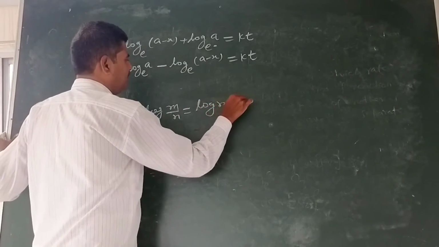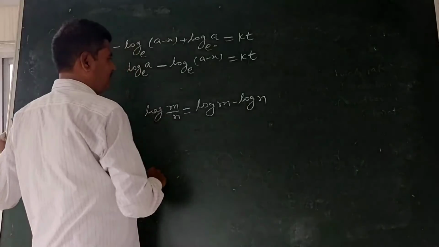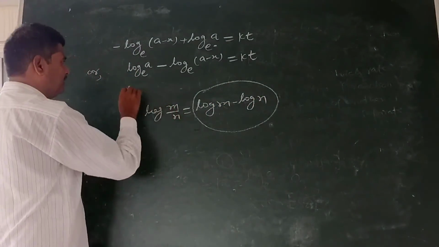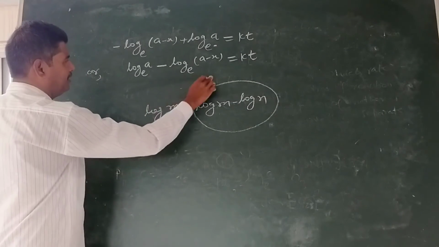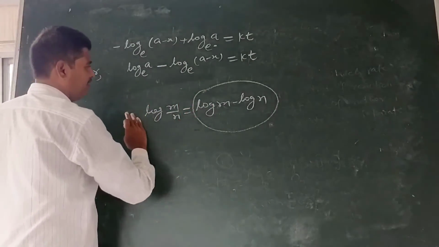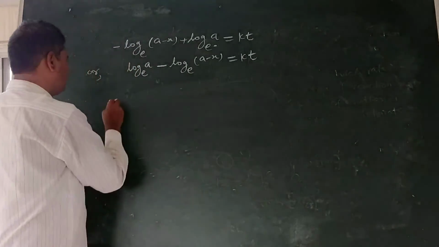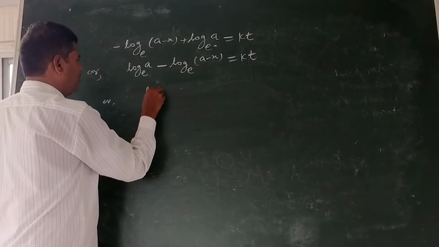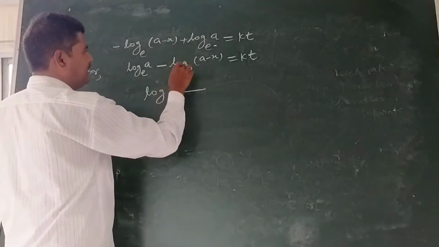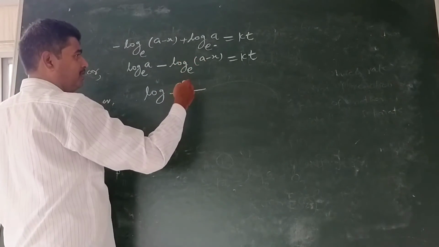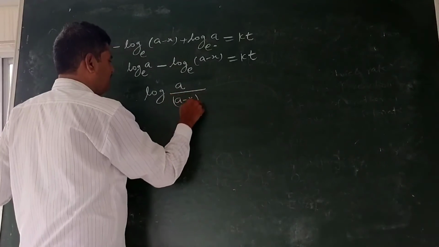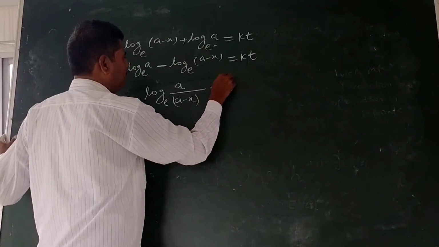On the basis of this, we will set A and A minus x in this pattern: log of A, the positive value taken as numerator, and the negative value going into the denominator, A minus x, on the base e is equal to kt.